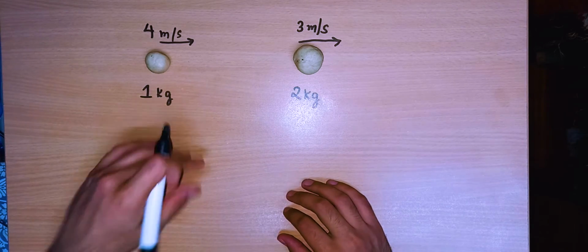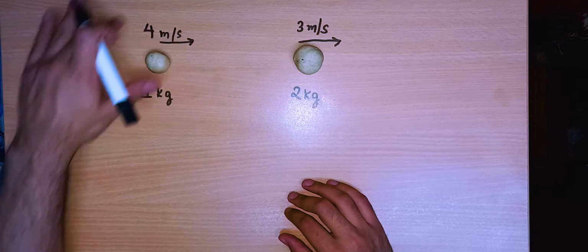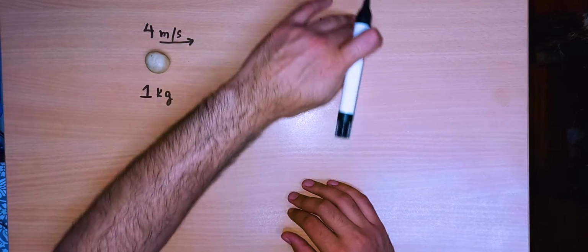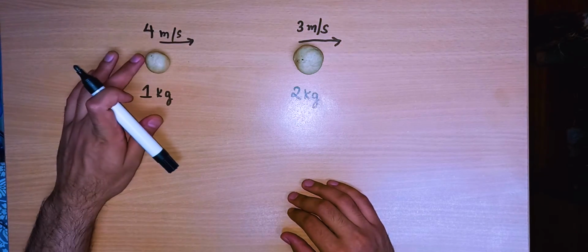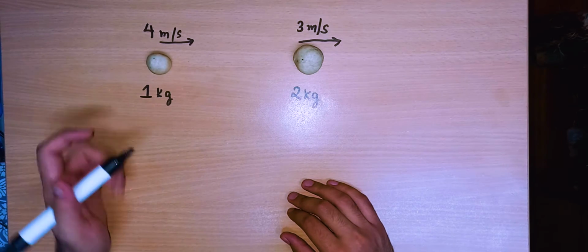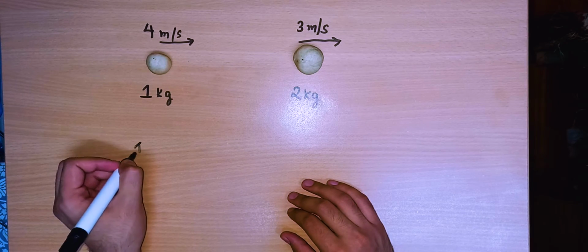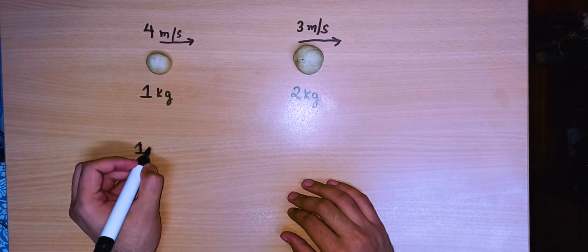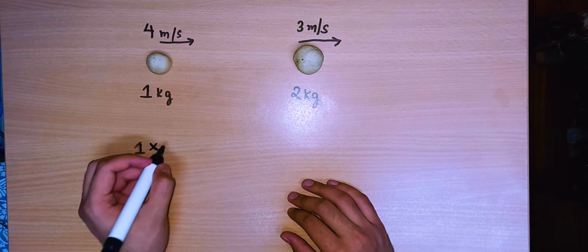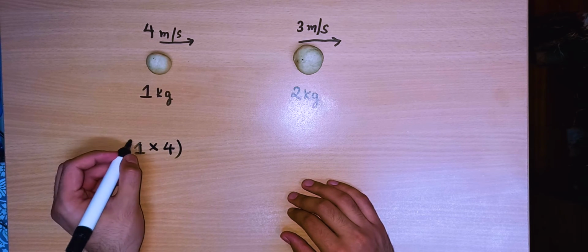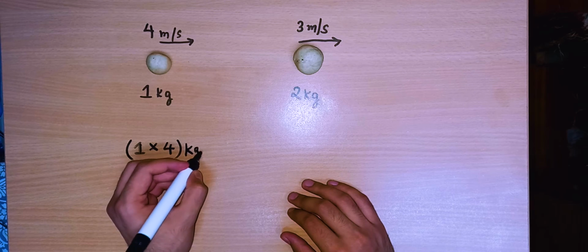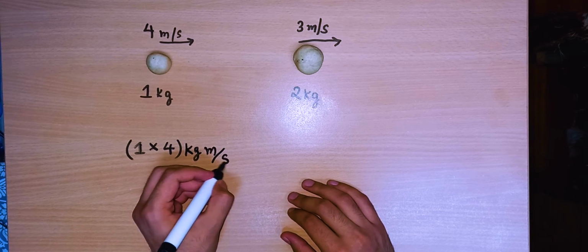The total momentum before the collision would be the momentum of this ball plus the momentum of this ball. The momentum of this ball is its mass, 1 kg, times its velocity, 4, in kg meter per second.